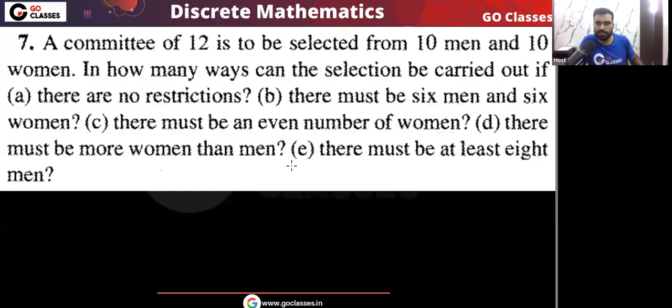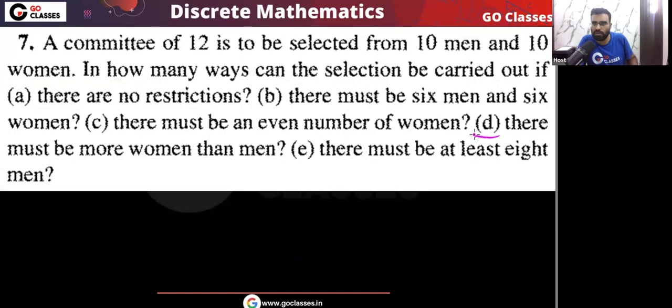Let's see part D. There must be more women than men. When you read this part D, what will come to your mind? By case. We need more women than men.